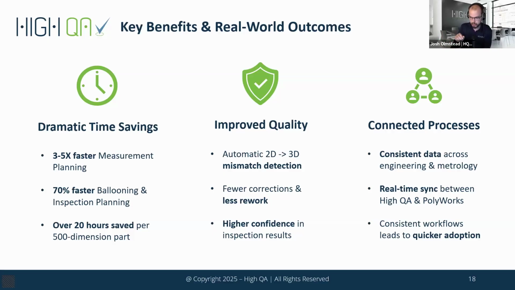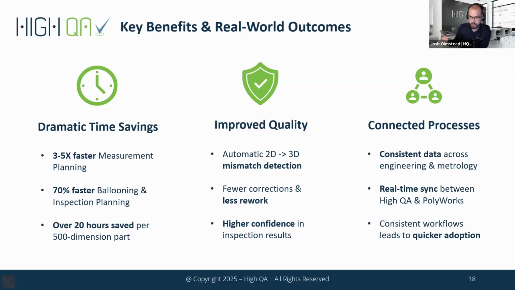Chad showed you on one of those dimensions, there was a mismatch actually between what the print said and what the 3D model had. There was a slight difference in the delta for the tolerancing. And maybe it happened to be a slight one in this instance, but maybe there could be an error where the 2D print itself was mistyped, or maybe there was an error in the 3D model, or it could have been that a CMM programmer, when they're programming it, misclicked the wrong dimension.